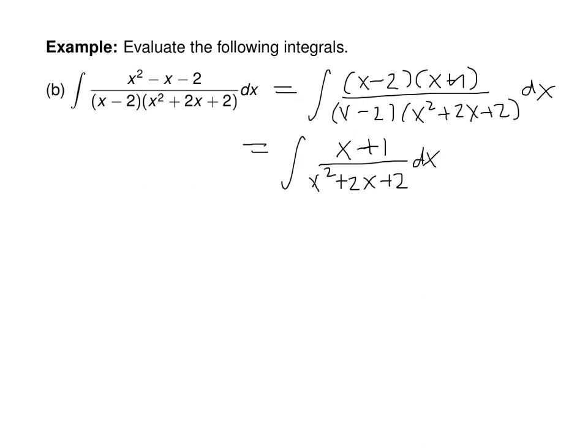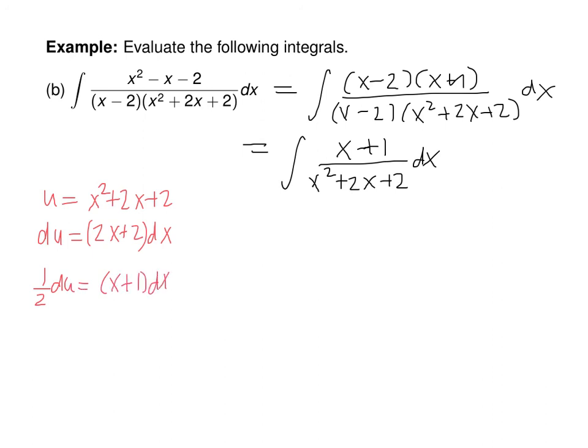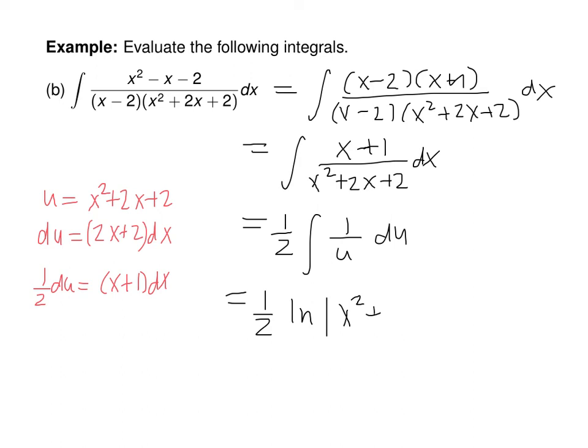If I let u equal x squared plus 2x plus 2, du is equal to 2x plus 2 dx, and I have x plus 1, so if I divide that by 2, I have that 1/2 du is equal to x plus 1 dx. So this will become 1/2 of the integral of 1 over u du, or 1/2 ln absolute value x squared plus 2x plus 2 plus c.